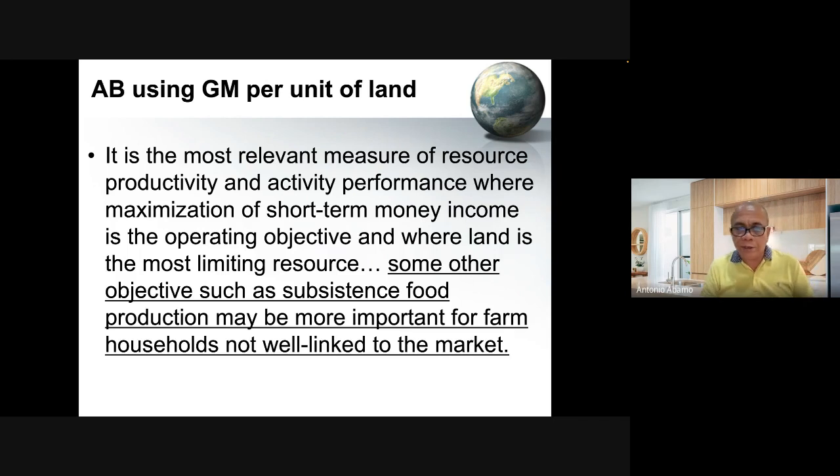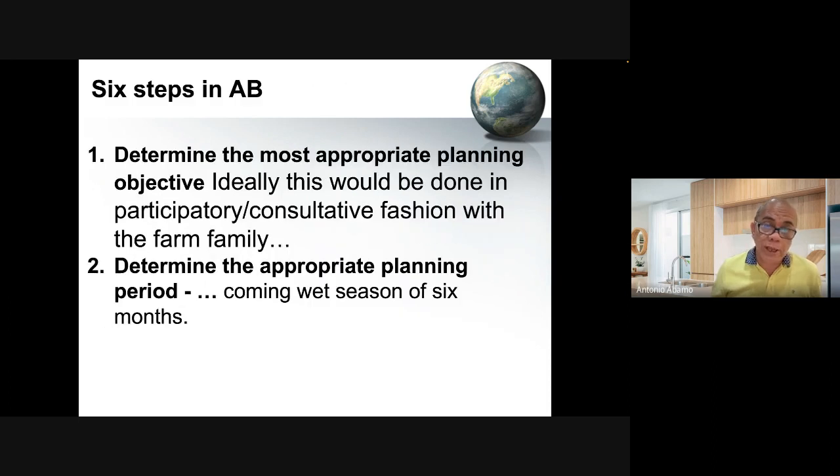Objectives such as subsistence or food production may be more important for a farm household not well linked to market. For subsistence, that is possible.